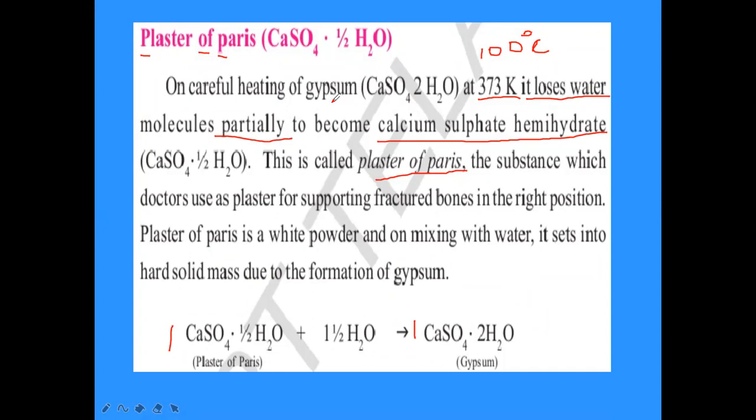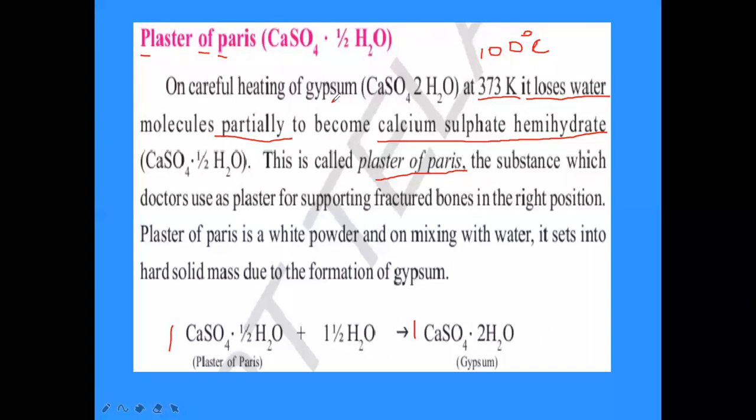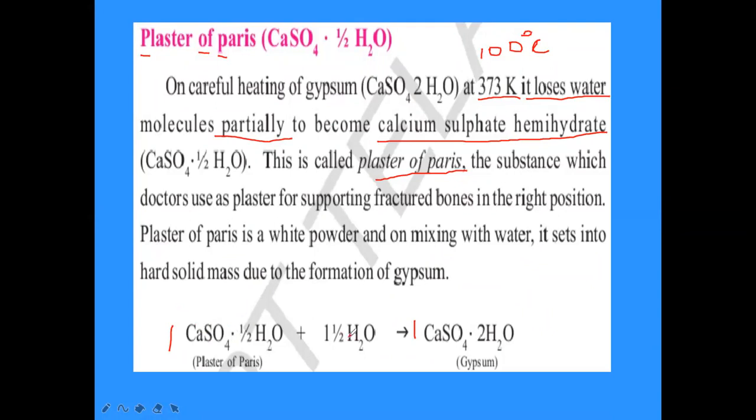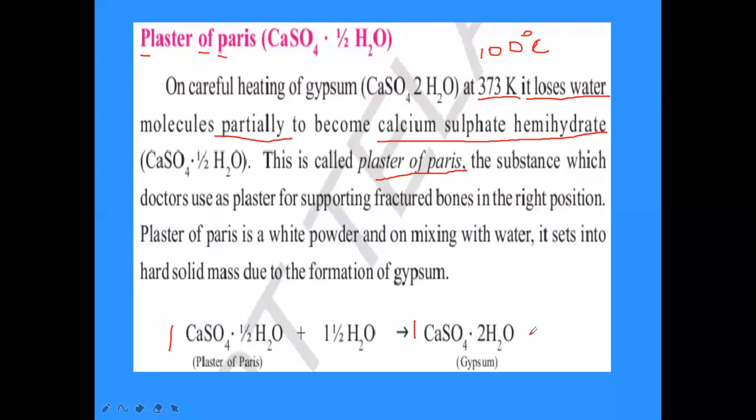Can it absorb water molecules again? No. Dead burnt gypsum cannot absorb any water. But plaster of Paris can absorb water molecules to form gypsum.